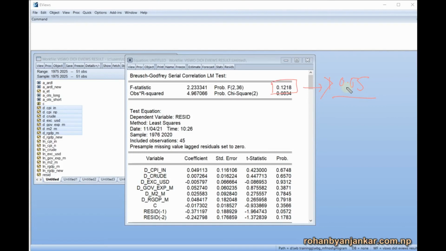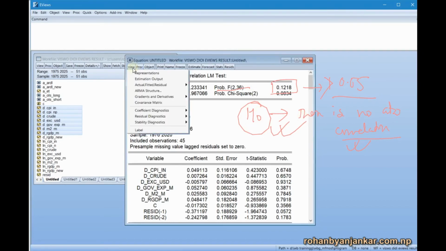And the rule is just opposite, because the null hypothesis is there is no autocorrelation, and if this value is greater than 0.05, then we cannot reject the null hypothesis of no autocorrelation. So our model is free from autocorrelation in this case.